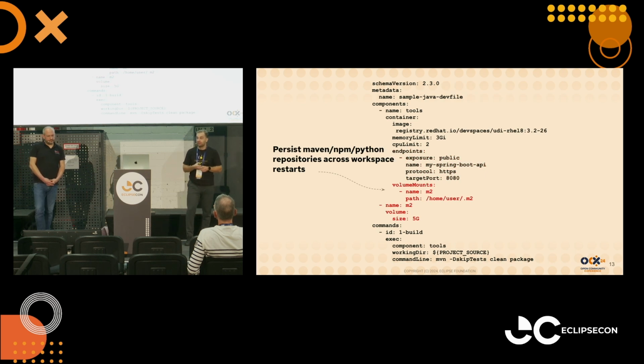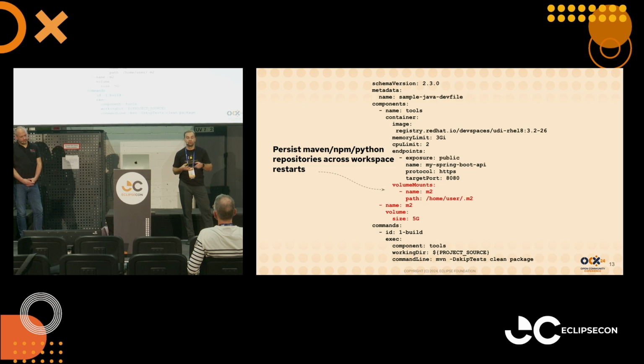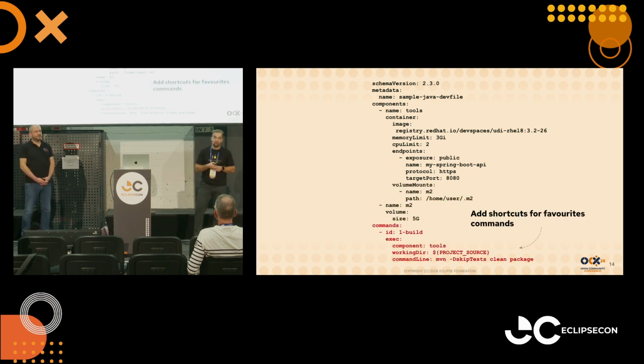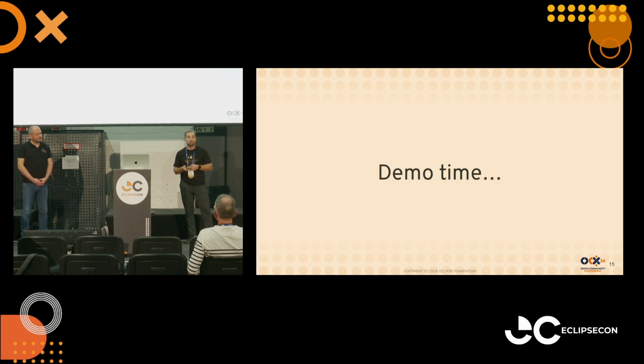Also, you can provide the volume mounts for persisting your Maven, NPM, Python repositories across workspace restarts so that download would not happen every single restart. And you can provide the shortcuts for your favorite commands to execute some build task, run task, test task almost instantly.